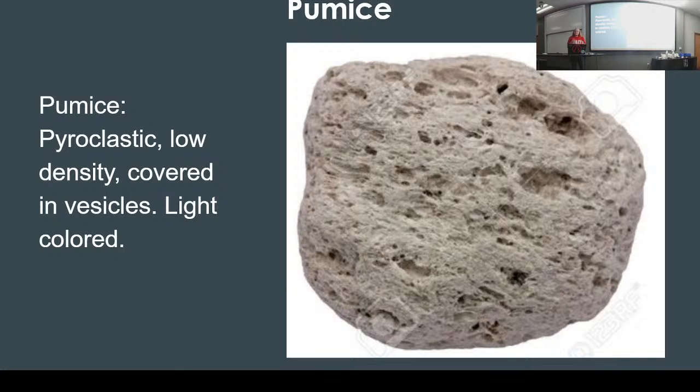All right, and then pumice. This is one we touched on in our class, but we didn't go too intense with this. And so I really want to take a moment and let y'all see it. The pumice is a pyroclastic rock, which means it comes from a very high flowing volcano. It's low in density, covered in vesicles and light in color.